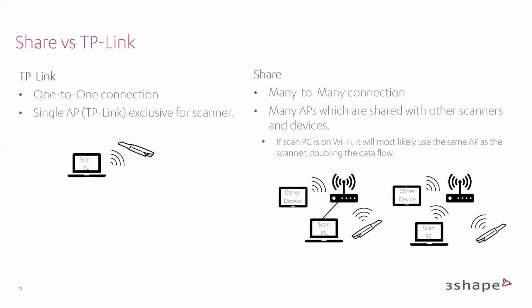The scanner can be connected to multiple network points, and many points can be shared with other scanners and devices. If the PC is on Wi-Fi, it will most likely use the same network as the scanner, doubling the data flow.